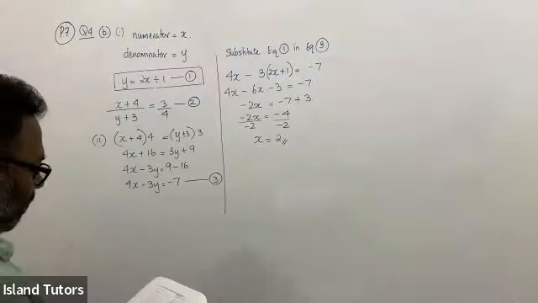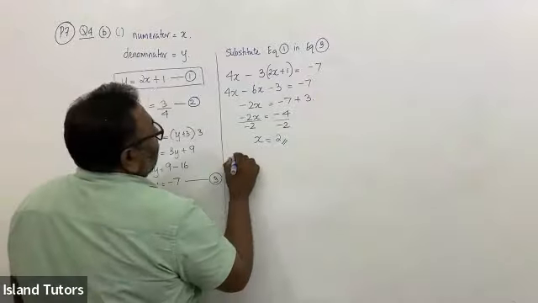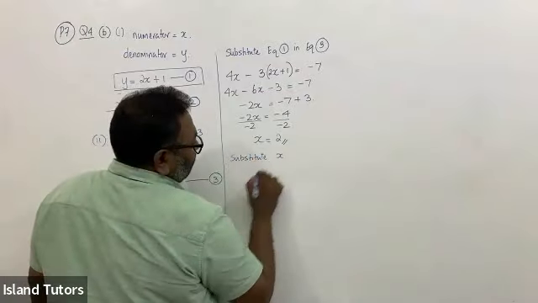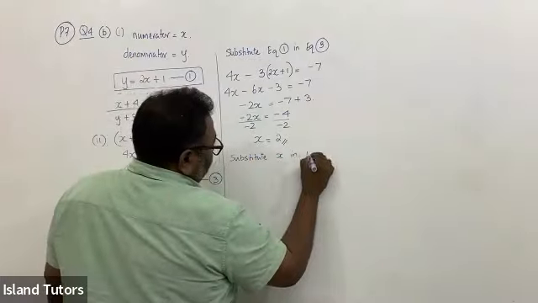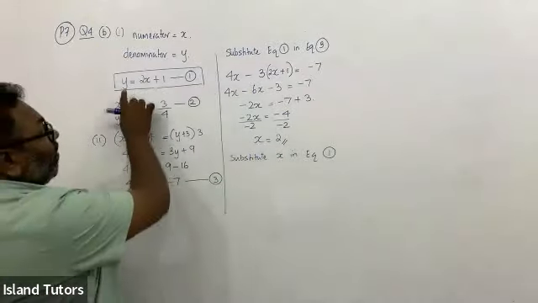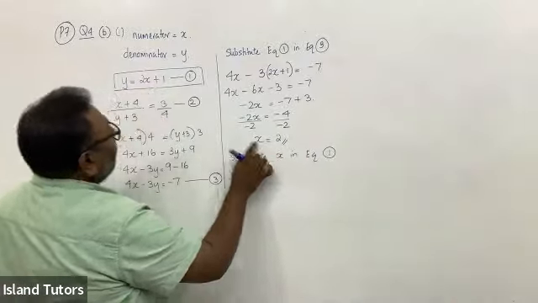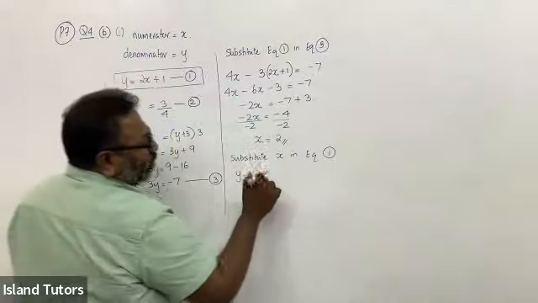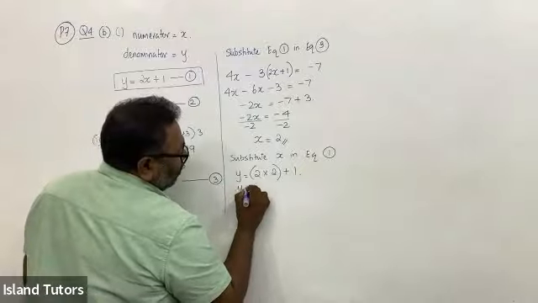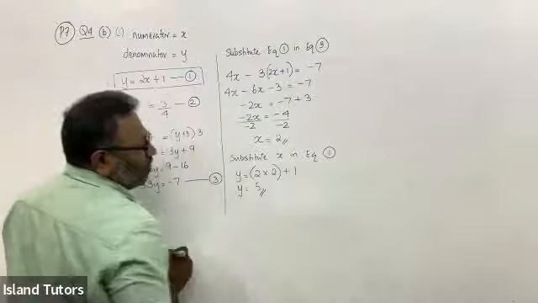So how much is y going to be? If you substitute x in equation 1, we want to find out y. So y is equal to 2 multiplied by x. Instead of x, we're going to put 2, plus 1. So y is equal to 2 into 2 is 4 plus 1 is 5.